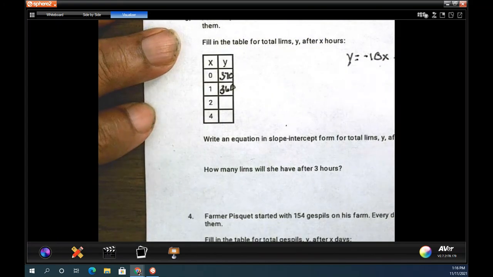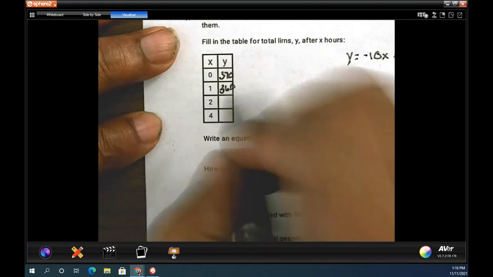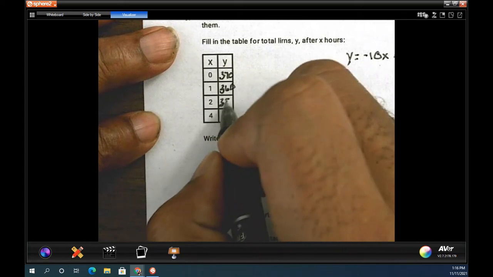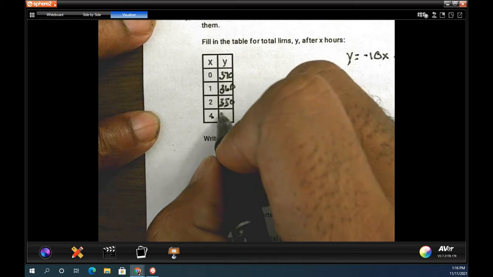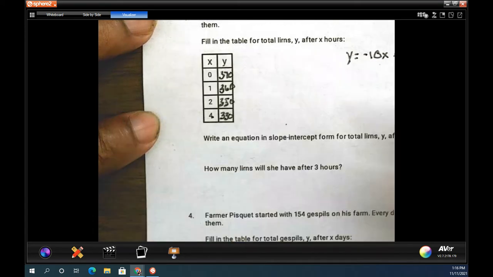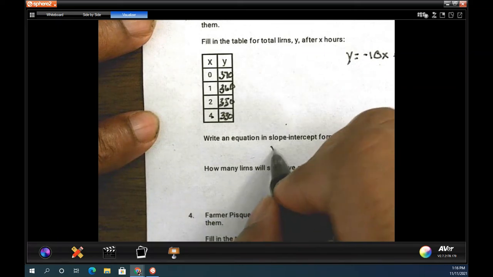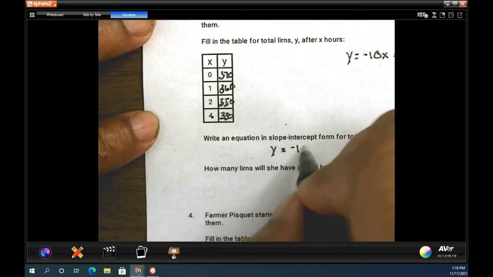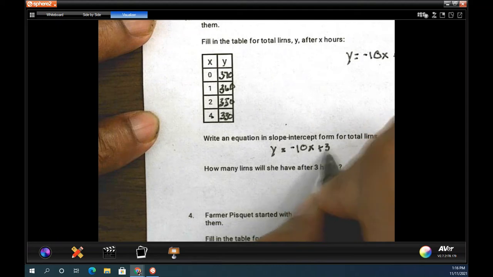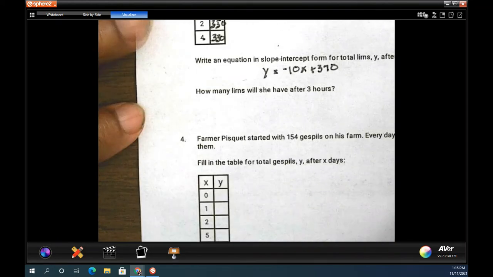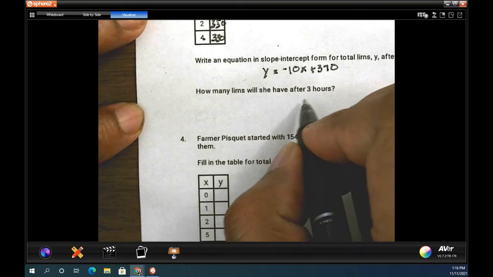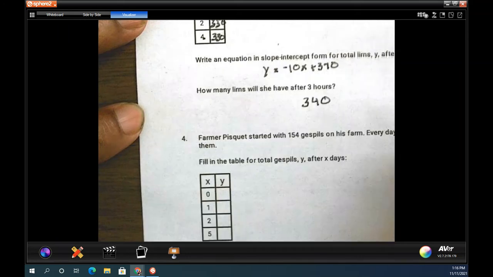What about after 2 hours? 350. Now, look at this. After 4 hours, 330. Okay, we've already written that y equals negative 10x plus 370. Now, how many limbs will she have after 3 hours? 340. There we go.